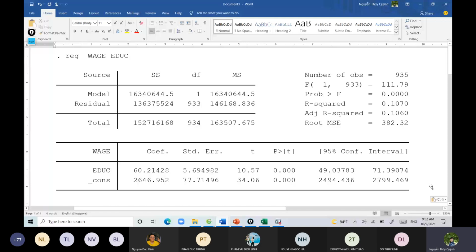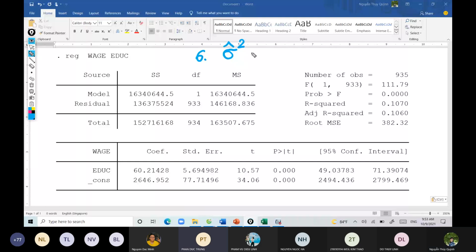What is question 6? Now we need to find the estimated value of the variance of the disturbance UI, and that is sigma square hat. What is it? It is the intersection between the residuals row and the MS column. Where is it?